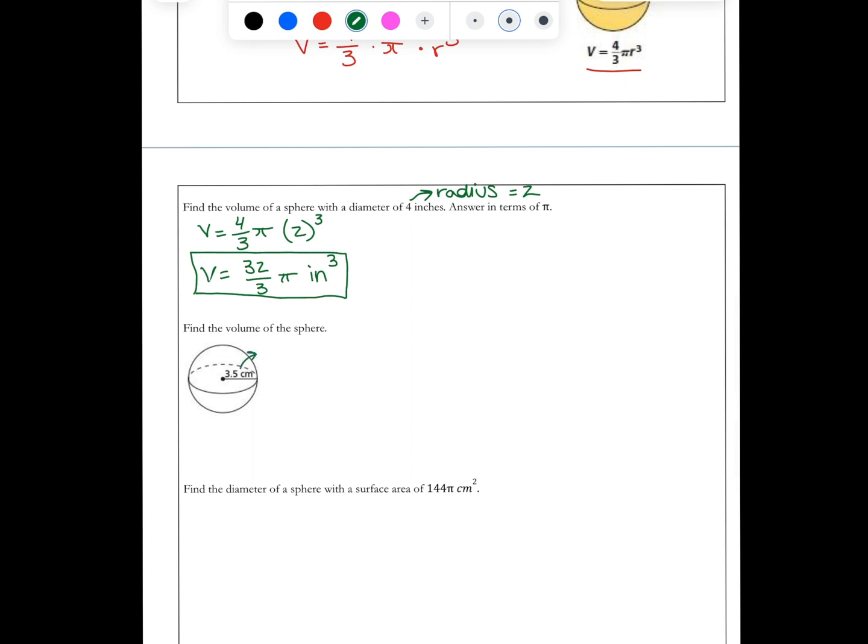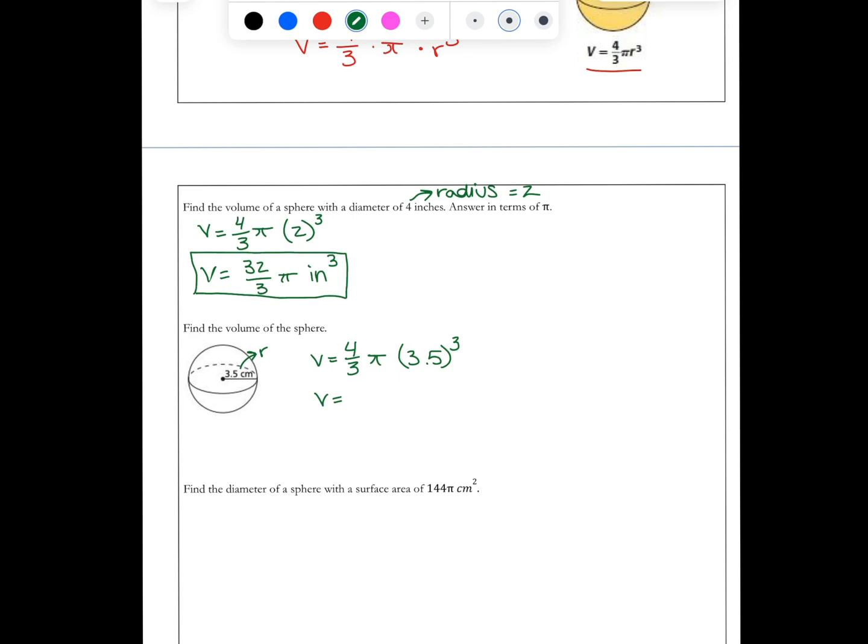The next question is giving us the radius, which is 3.5 centimeters. To find the volume of this, we just need to plug into our volume formula, 4/3 times pi times 3.5 to the power of 3.